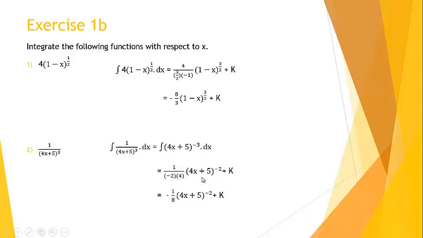Next we differentiate the terms inside the brackets with respect to x so that we get 4, and we divide that also. And at the end we add an arbitrary constant. So simplifying this expression, we get -1/8 times bracket (4x plus 5) to the power -2 plus the arbitrary constant.